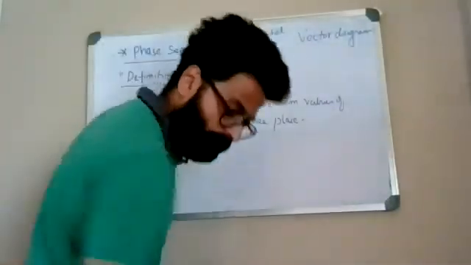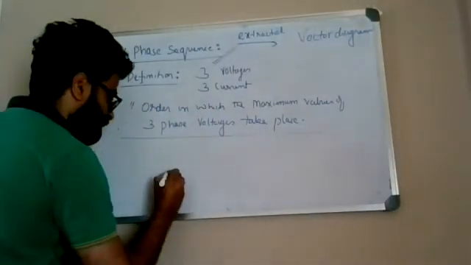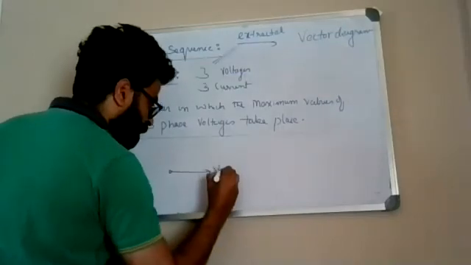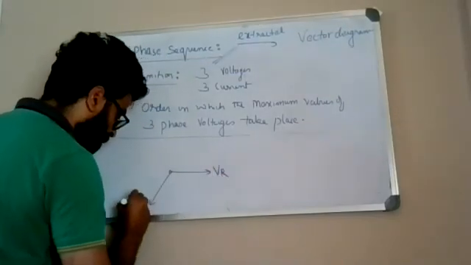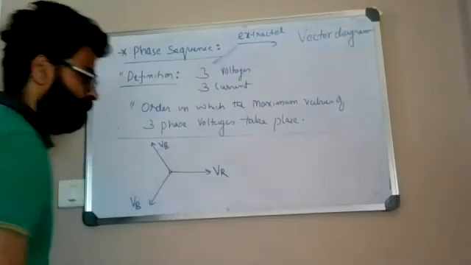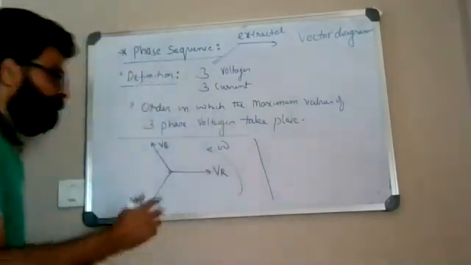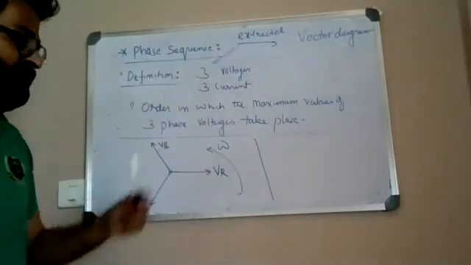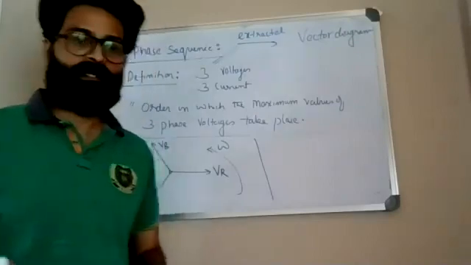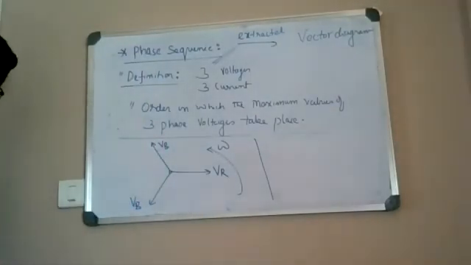Okay. Let's say, suppose I have a vector diagram of this kind. Same thing, angular rotation is omega. Now you tell me what is the phase sequence of this particular vector diagram. Okay. You can unmute your audio and you can just tell me the answer.